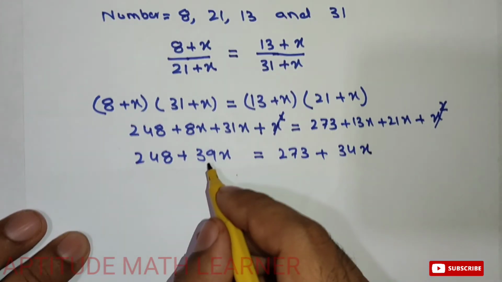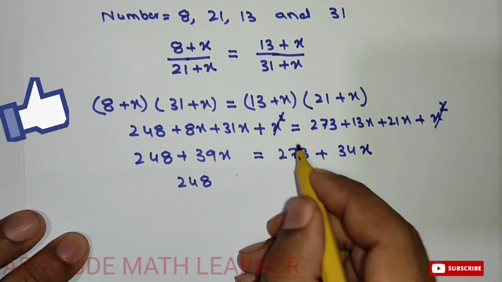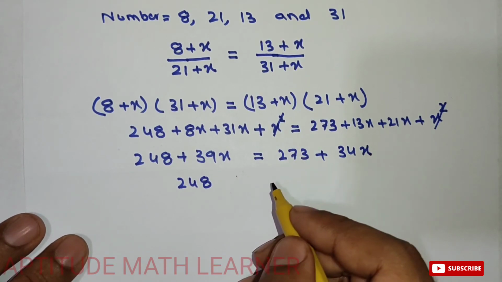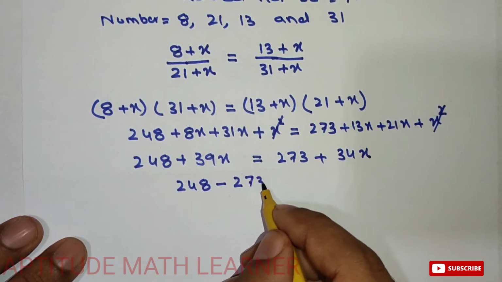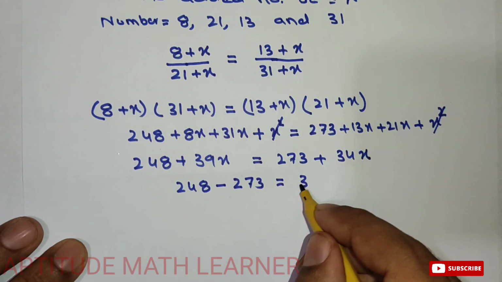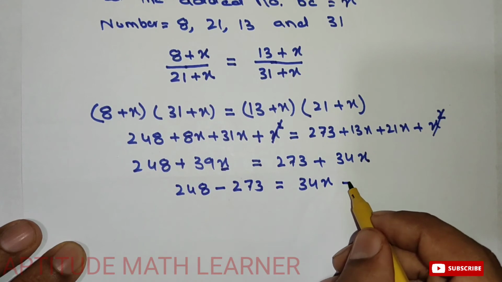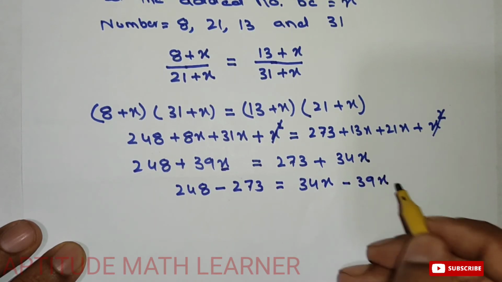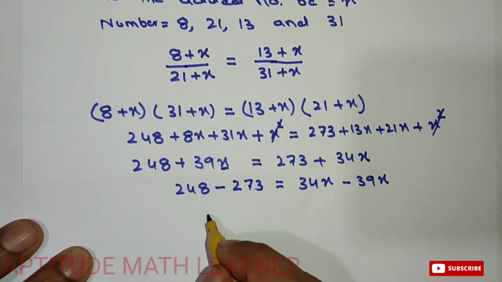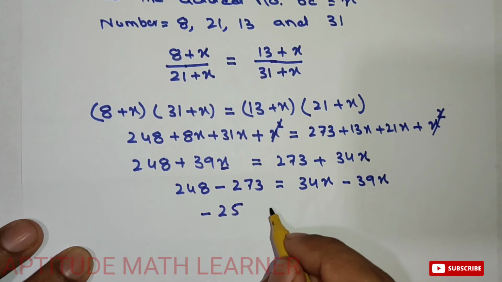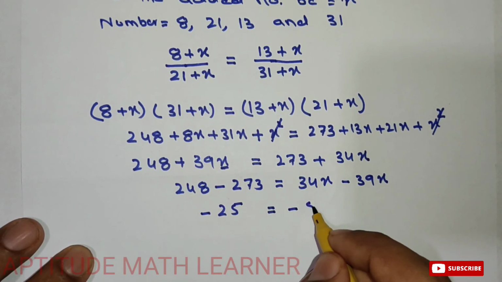Now 248 and this 273 goes to this side and becomes minus 273 is equal to 34x, and here 39x goes this side and becomes minus 39x. So 248 minus 273 becomes minus 25 is equal to, and 34 minus 39 is minus 5x.